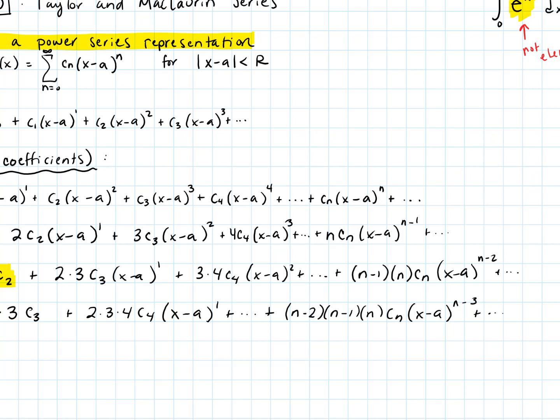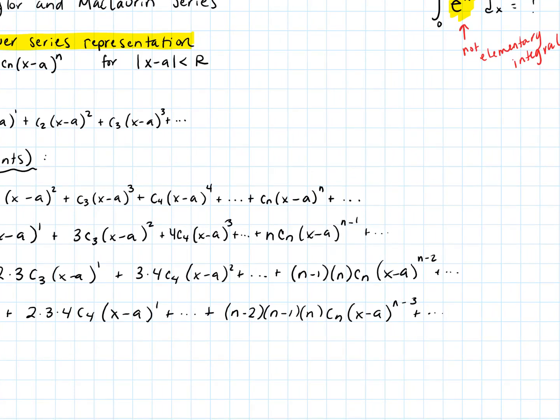Okay, we could keep this going. We could keep taking repeated derivatives, but every time we take a repeated derivative, if we focus in on this term right here, the terms in this expansion of the power series, we bring down the power and then we reduce the power by 1.